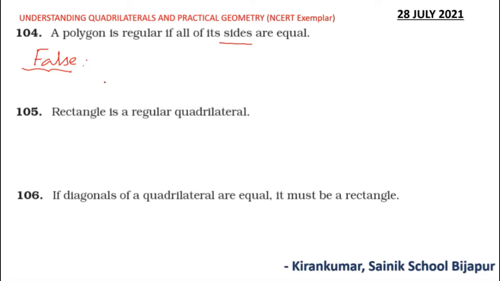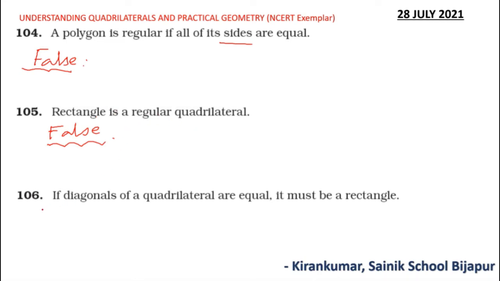That's the reason why we cannot say that a polygon is regular if only sides are equal. Question 105. Rectangle is a regular quadrilateral. This statement is a false statement because all the sides in rectangle are not equal. If they have given a square is a regular quadrilateral, then it would be true.